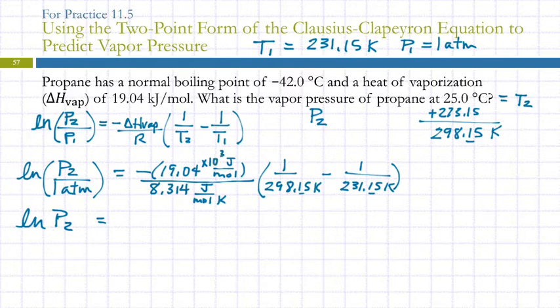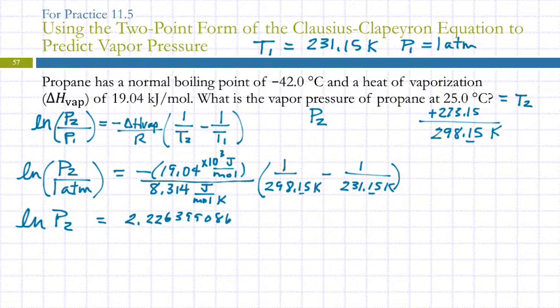So then on my calculator, I'm going to go negative 19.04 EE3 divided by 8.314 times, I'm going to use parentheses, 1 divided by 298.15 minus 1 divided by 231.15, close the parentheses, enter. Depending on what kind of calculator you have, you may need to do that a little differently. So I end up with this long number.